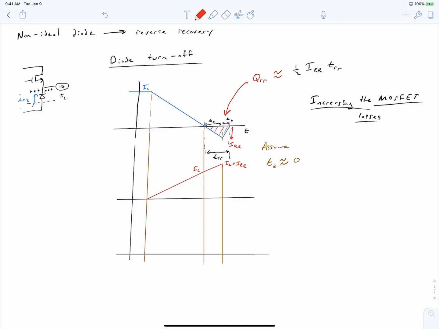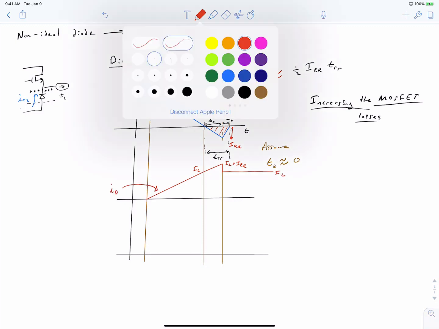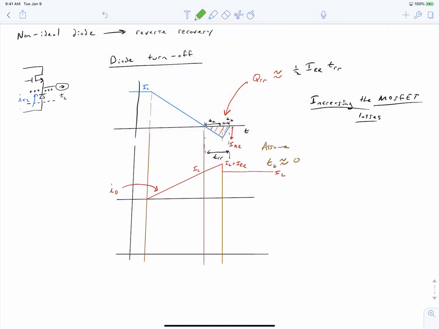And then it will suddenly decrease and return to IL. Meanwhile, our voltage is going to look the same as it previously did. That is, we'll start off at VDS equal to VT, and then it will decrease.